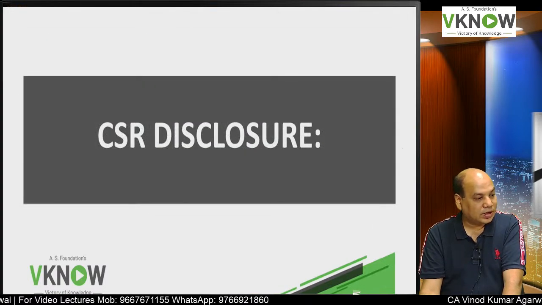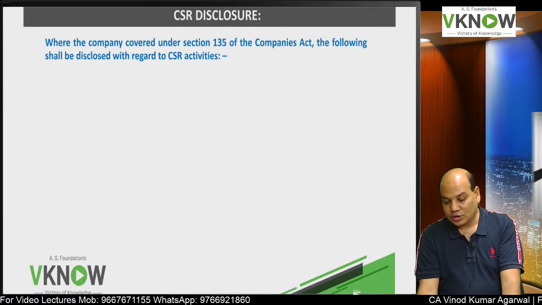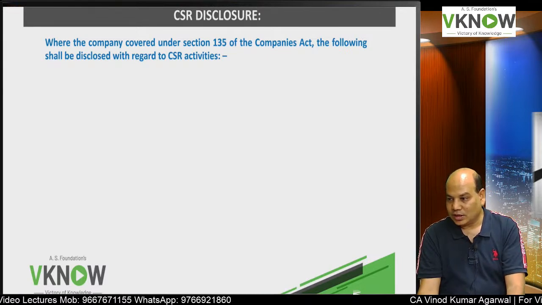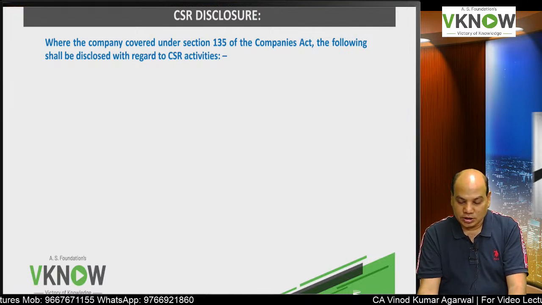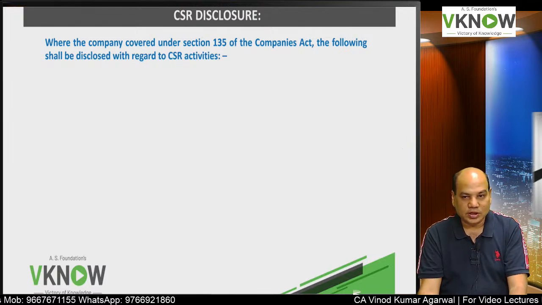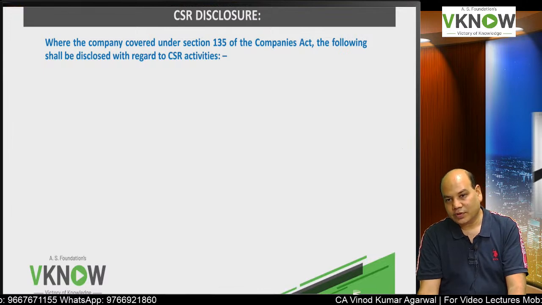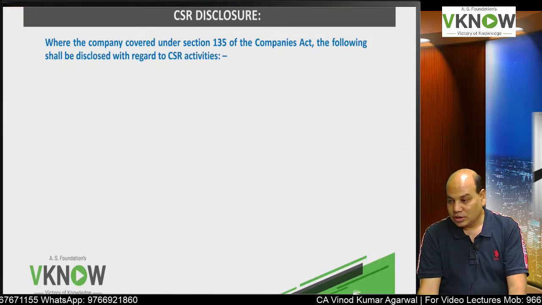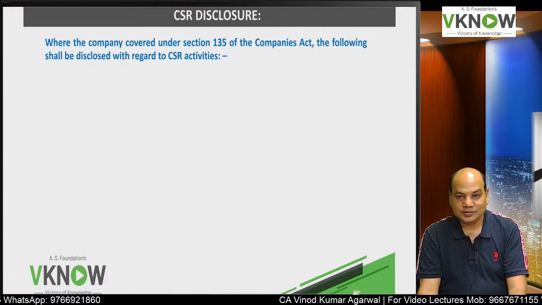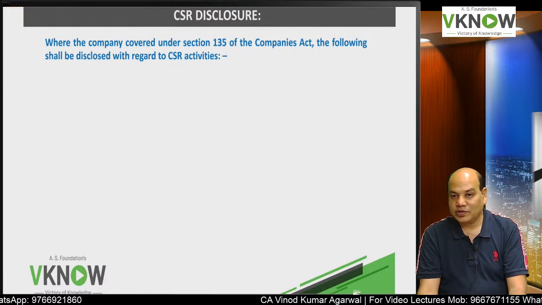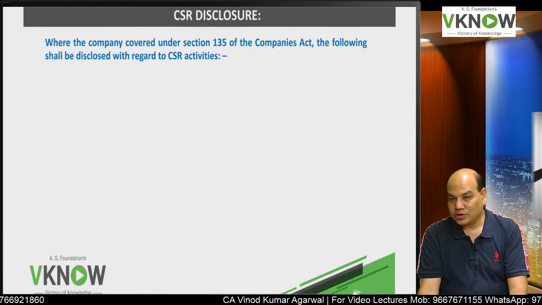Then we will discuss CSR disclosure. What is the full form of CSR? Corporate Social Responsibility. Which section of the Companies Act deals with that? Section 135. And now companies have to mandatorily spend 2% of their average net profit on CSR activities.